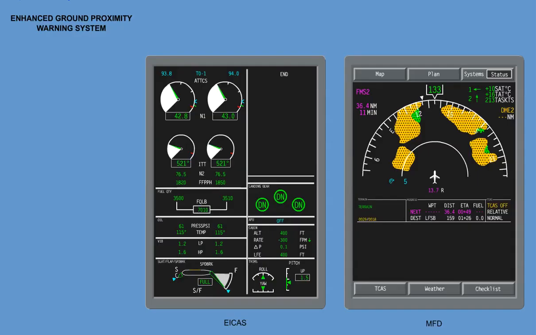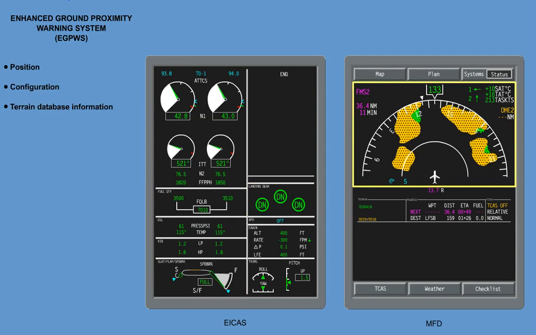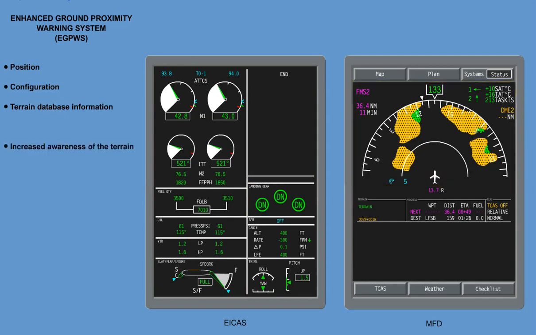The Enhanced Ground Proximity Warning System, EGPWS, uses airplane position, configuration, and terrain database information to provide the flight crew with increased awareness of the terrain along the projected flight path.